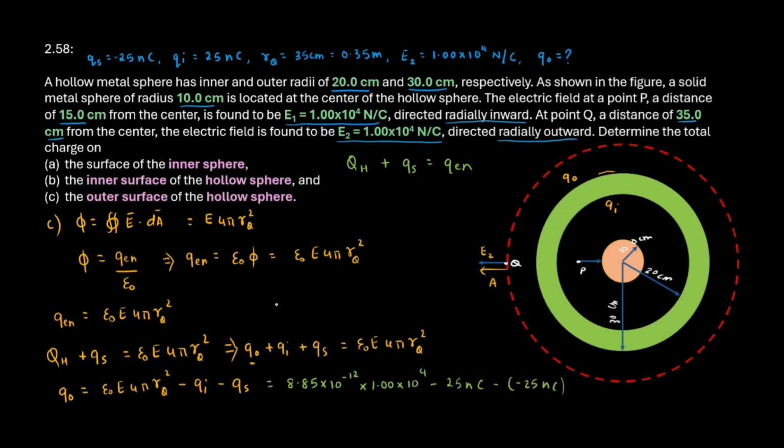These two values we found in part A and B of the question. So when you solve this, you get Q0 to be equal to 1.36 times 10 to the power negative 7 coulomb, or you can write this as 0.136 microcoulomb.